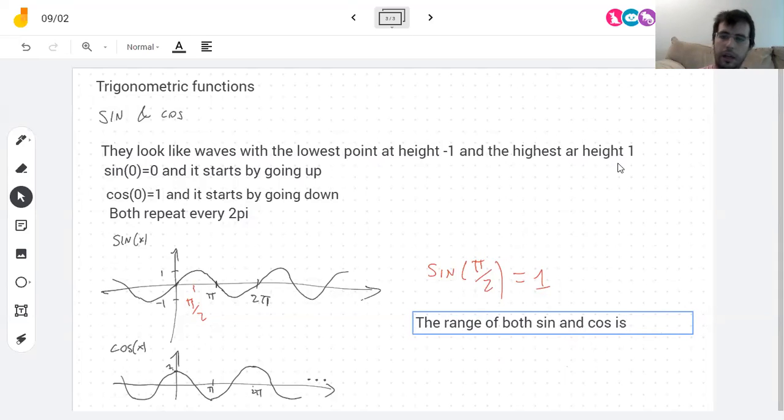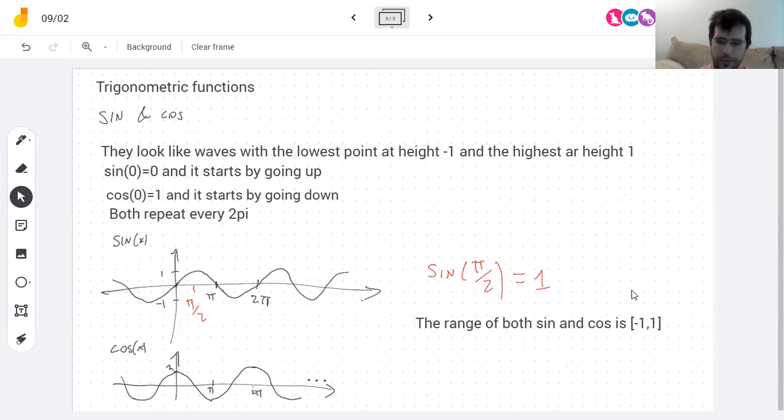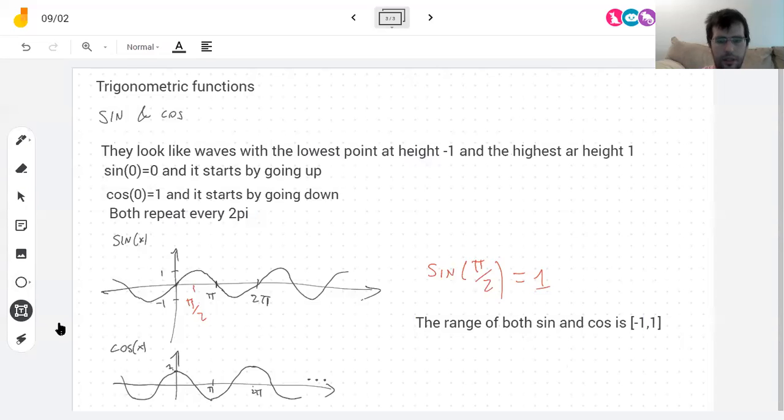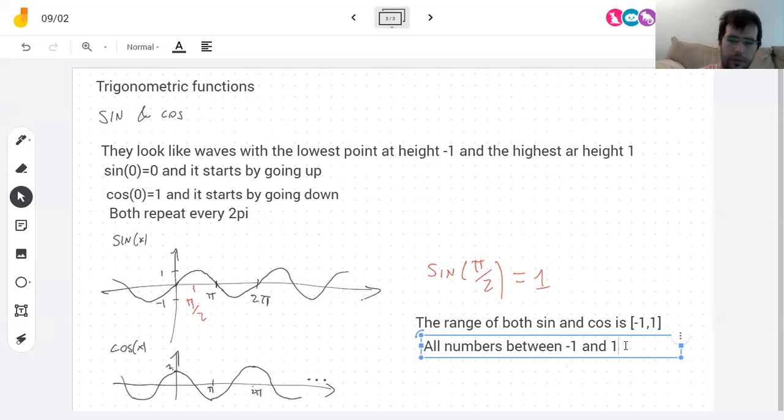The range is the square bracket, -1 to 1. Right, exactly. The range is the closed interval, -1 to 1. So this means all numbers between -1 and 1, including both.